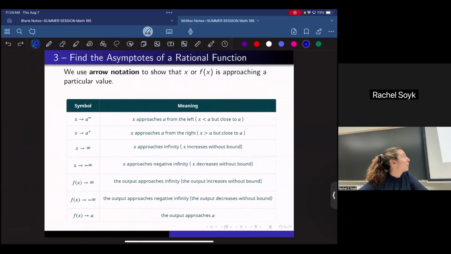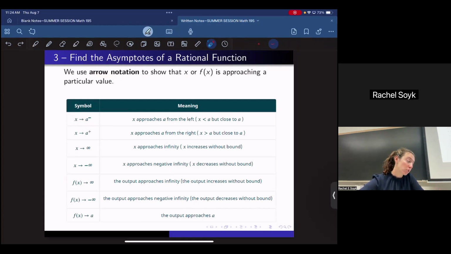Right, so now we're on to our asymptotes, which is our third objective for today. And we are pretty familiar with the arrow notation to represent, okay, as x approaches. We practiced a lot with this, especially when I taught you guys about end behaviors.